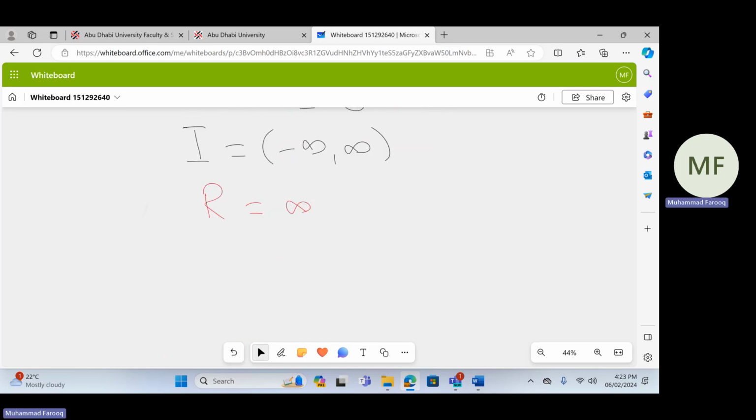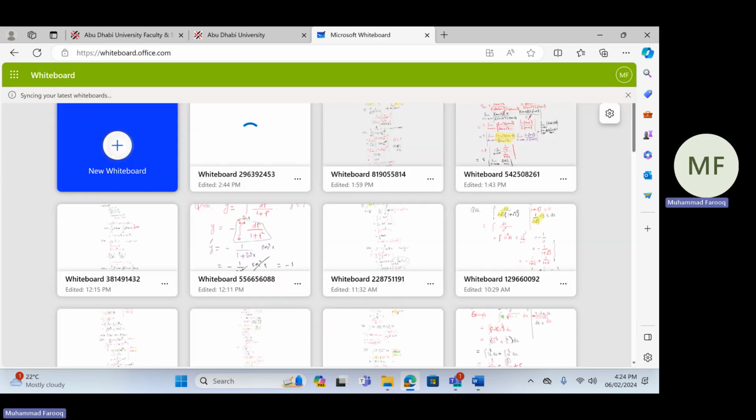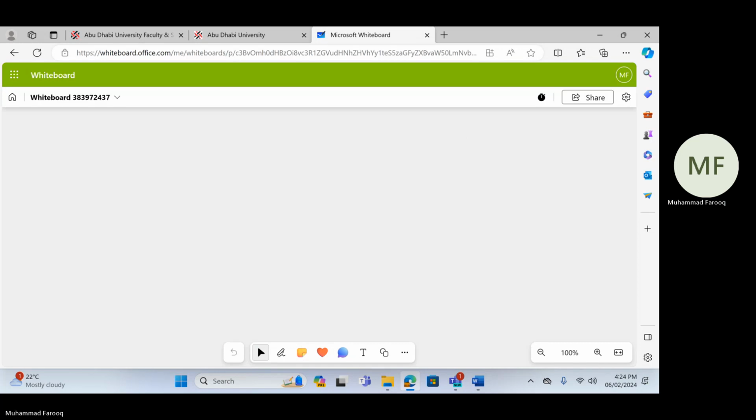The first case, okay. Let's take one more question, please. And we check which case it is, please. For all real numbers, okay, x is all real numbers. This means that sigma is any values.